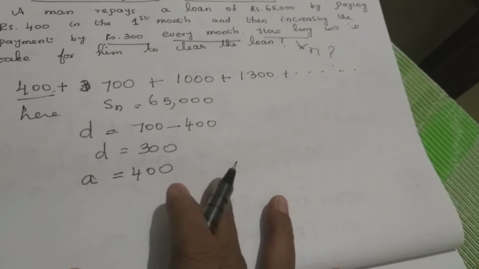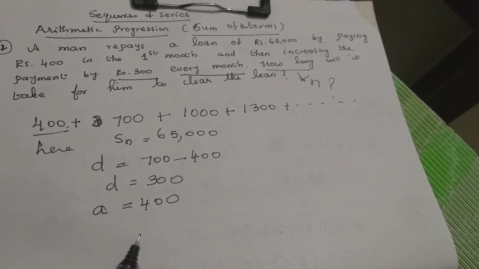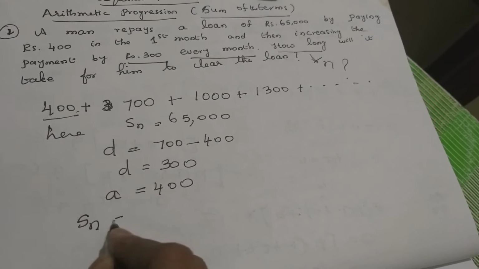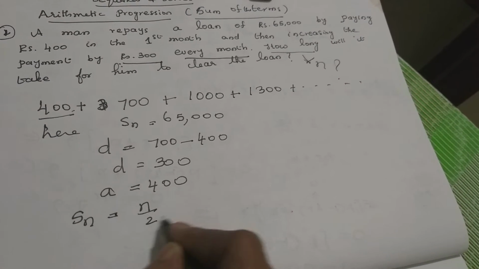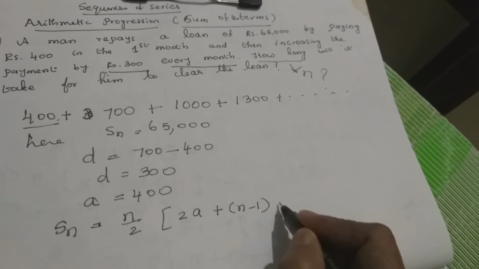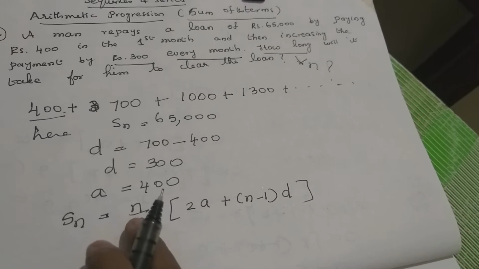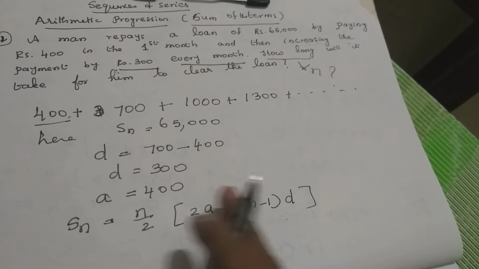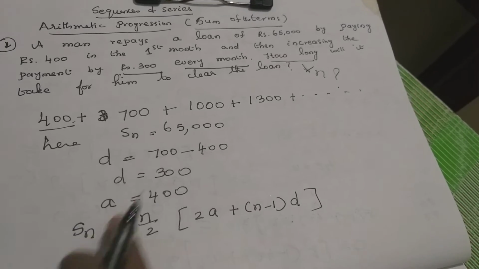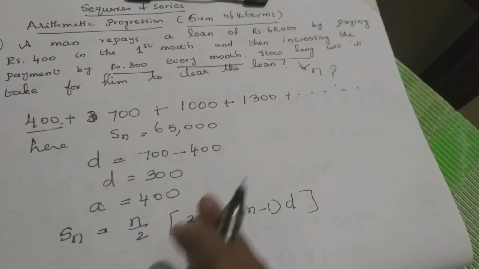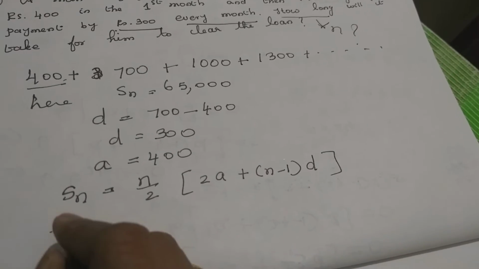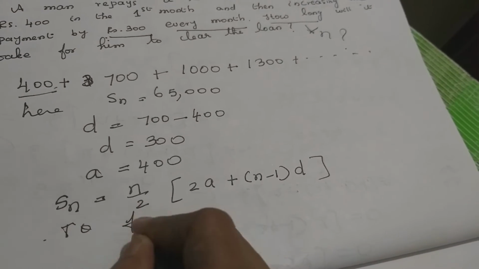We are going to use the AP sum of the terms formula. In the previous video, I gave the formula Sn is equal to n by 2 into 2a plus n minus 1 into d. Now we know d, and we found a also. Sn is 65,000, the total loan. Now we have to find only n.